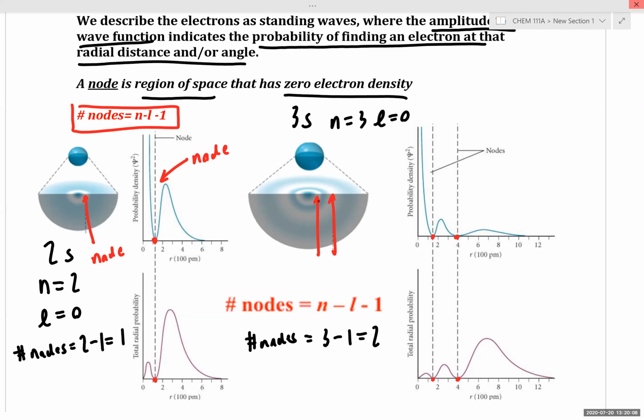And don't be shy, it's not a trick question. For our 3s orbital, we see 2 nodes. Exactly right.